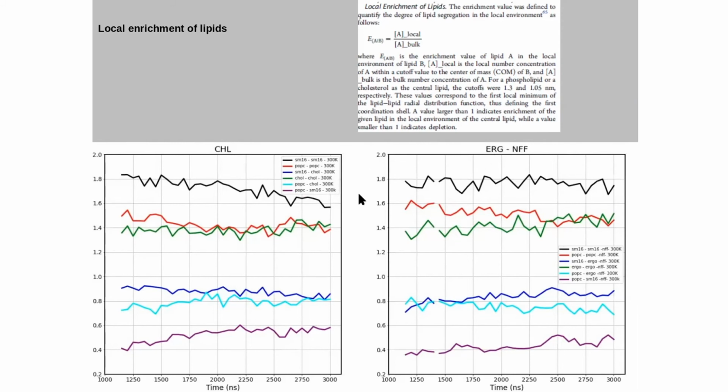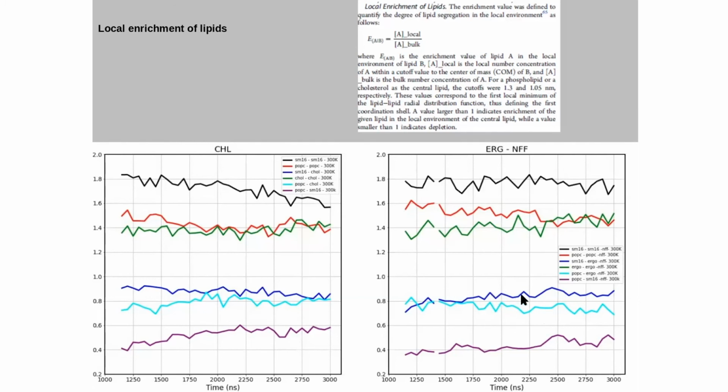Unfortunately, this agrees with the results of the AFM that you will see later on, in that the domains in cholesterol are much smaller than those in ergosterol. And also, it seems that here, for instance, this blue line is POPC ergosterol, and the other one is sphingomyelin ergosterol.